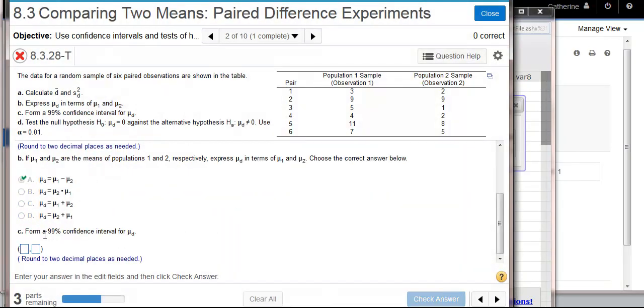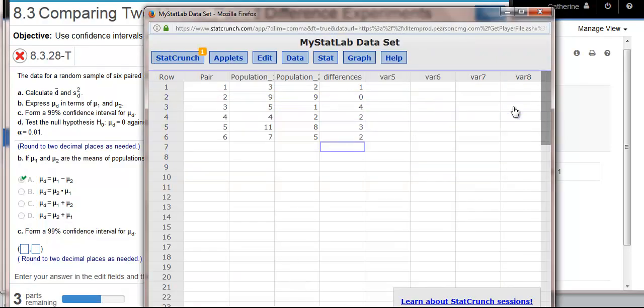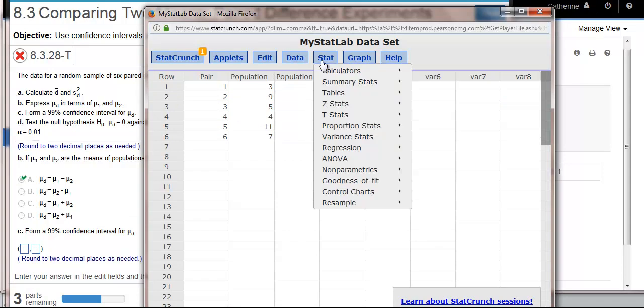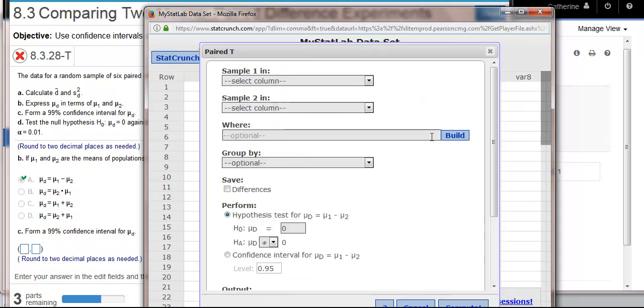Okay, so now we get to the real exciting part of this problem, which is to form a 99% confidence interval. So I'm going to go back to StatCrunch, and I'm going to close that summary stat there. And we're going to go to statistics, and we're going to go to T test, and we've got paired data.